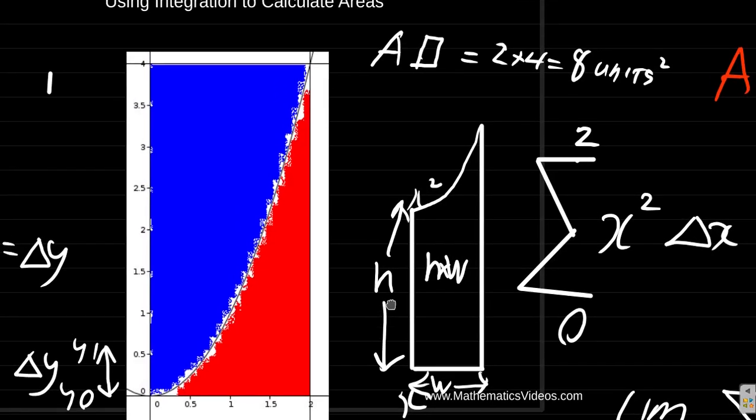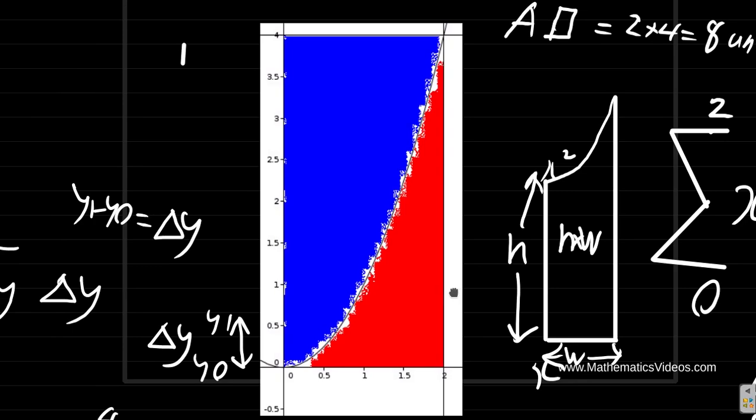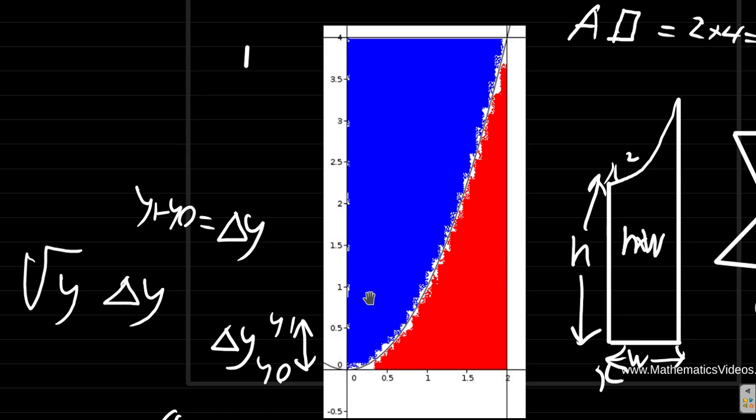Now, suppose you're asked to do it by integration. You have to consider that you divide up this area into rectangles. They would look more like trapeziums, but as you increase the number of rectangles, the number of trapeziums, right?